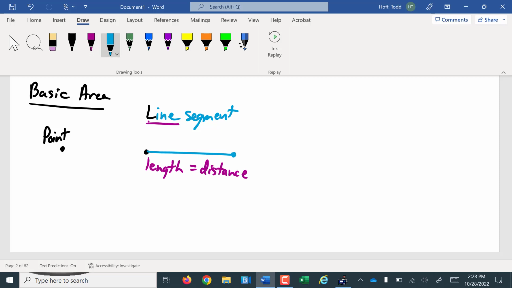Now, if we take that line segment and we drag it in a second direction, think of taking a stick and dragging it across the sand or sawdust or whatever. It's going to trace out a shape. It's going to be a rectangle.